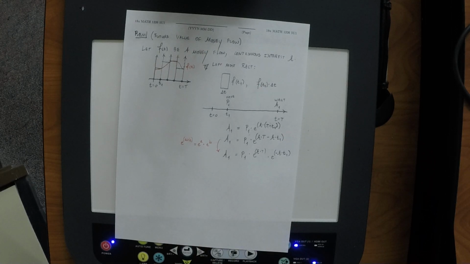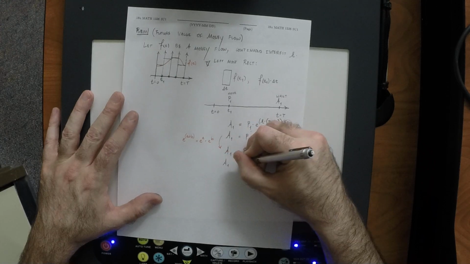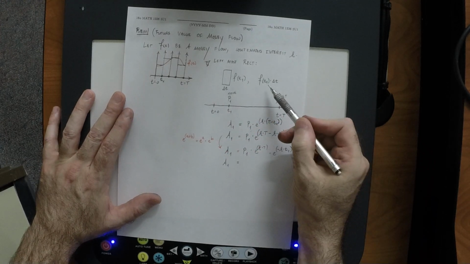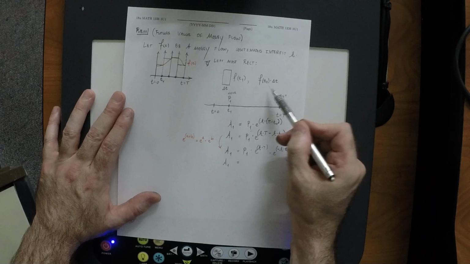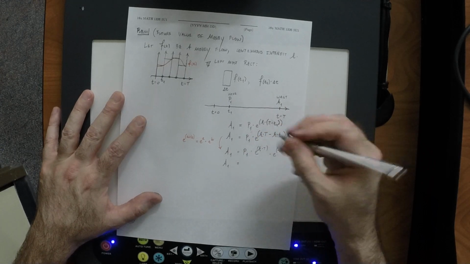So now I'm going to write one more thing and then say something, and then we'll have a quiz. So now P1, the present value of that payment, is that value right there. So the formula that we're looking at is this one.